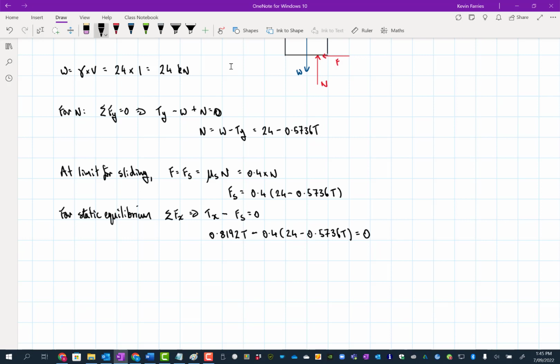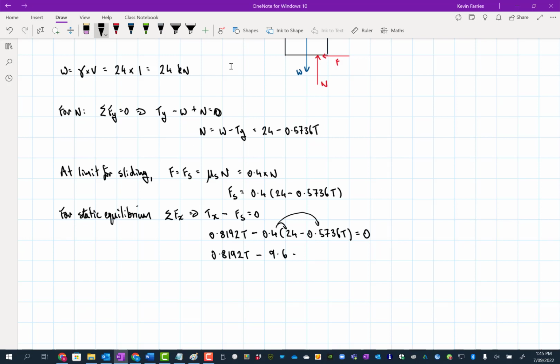So we're going to get 0.8192 T, take away, let's just write it all out just in case people can't see where it's coming from. I'm just going to multiply this out, so I'll multiply both terms in there by 0.4. 0.4 times 24 is 9.6.